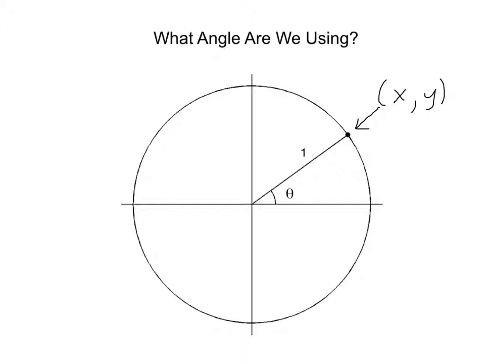Everything's been a distance, a length, it's been positive. So we're going to start from here. We're going to start with the angle being 0. So we start here at 0 degrees, where this angle theta measures 0 degrees. So there is no angle. This top side and this bottom side overlap right here at 0 degrees.